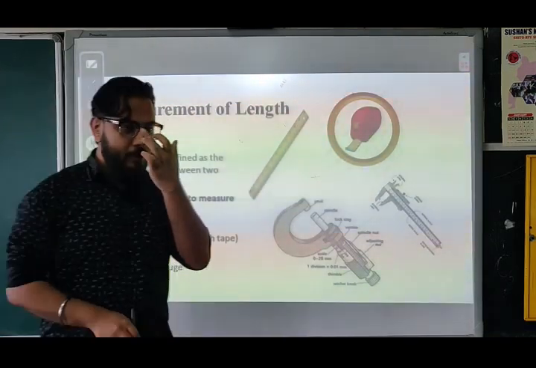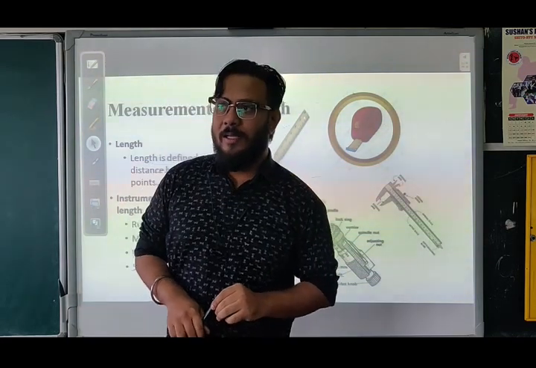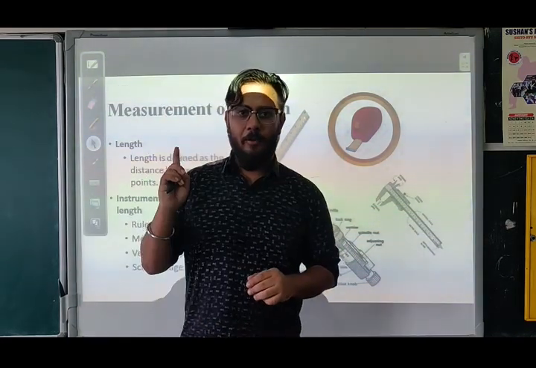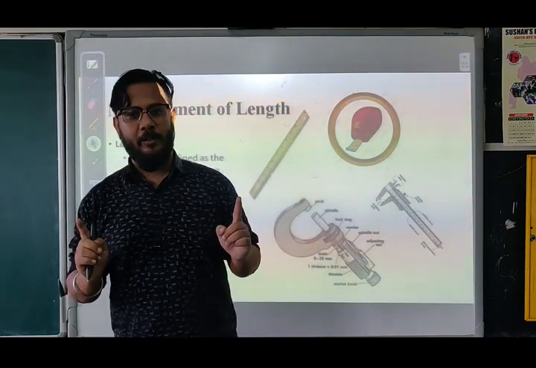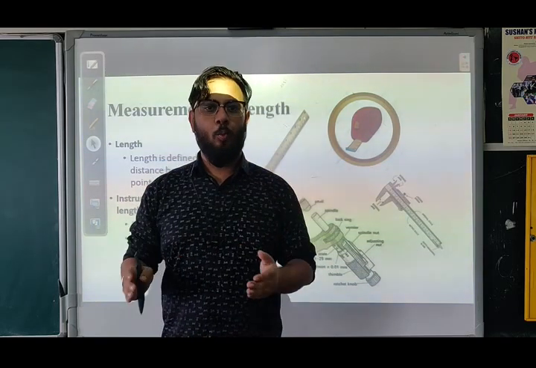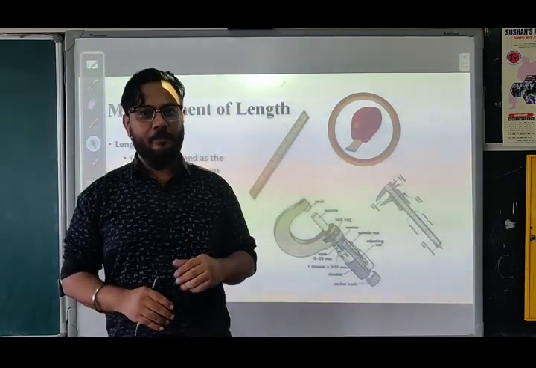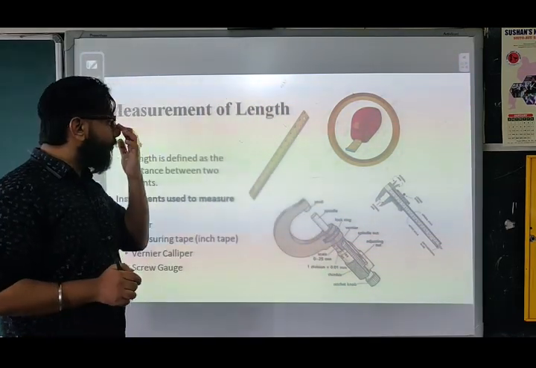Now, let's move on to length and measurement of length. Length is basically the distance from one point to another point, from point A to point B. That is basically your length, your breadth, your width, or height. So how do we measure distance?